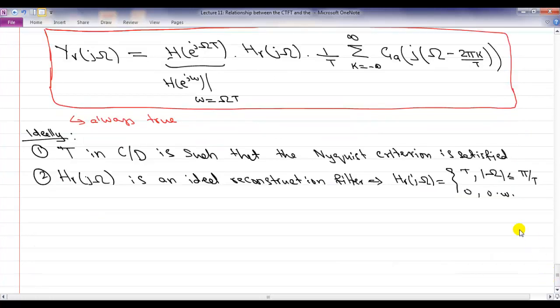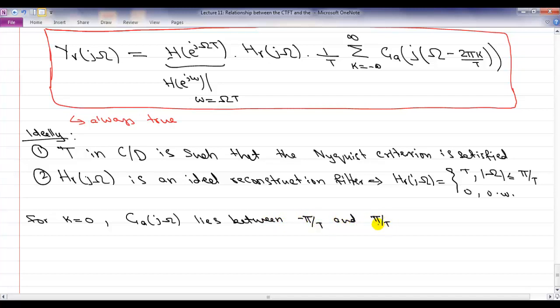So now let's analyze the boxed equation under these assumptions. The first thing we know is that for k equal to 0, G_A of j omega lies between minus pi by T and pi by T. That's because that is the Nyquist criterion, so it has to satisfy that.